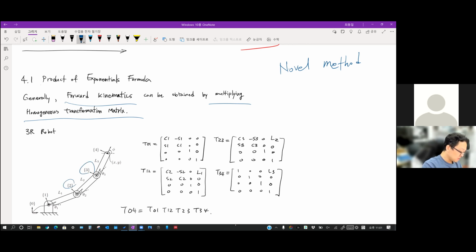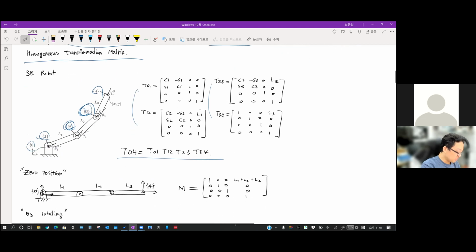Then we calculate 0 to 1, 1 to 2, 2 to 3, and 3 to 4. All these homogeneous transformation matrices are post-multiplied because they are relative transformations. So we can calculate the homogeneous transformation from 0 to 4.